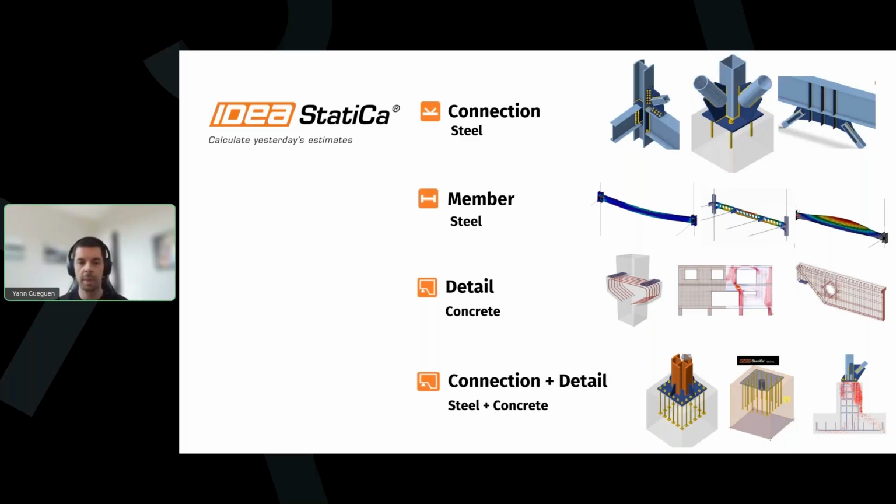When we're looking at steel members, you could use the member application. This will allow you to go beyond simple beam calculations, enabling analysis of buckling, stability, and interaction effects under various load combinations. This gives engineers confidence in their designs, especially for non-standard cases.